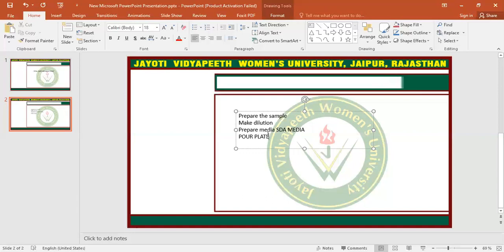We add 1 ml of sample and approximately 20 to 25 ml of molten SDA media, which means the media is not yet solidified, to a plate.